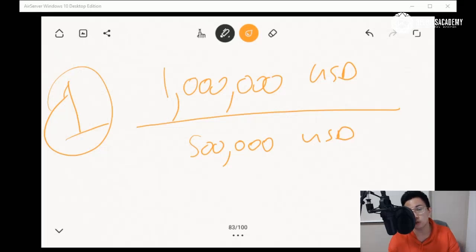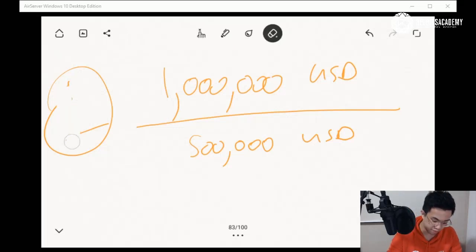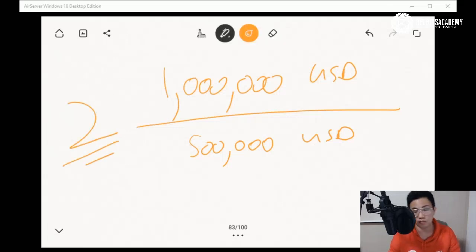Now 1 million divided by 500,000 is, sorry, it's 2. So now your debt to free cash flow ratio is 2. So it's a whopping 200% jump, right?